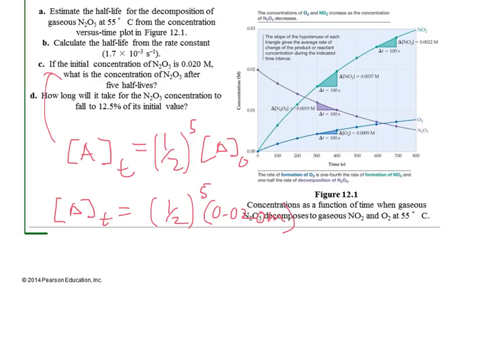That's a matter of plug and chug. So I go 1/2 to the 5th times 0.02 equals 6.25 times 10 to the negative fourth. Alrighty then.